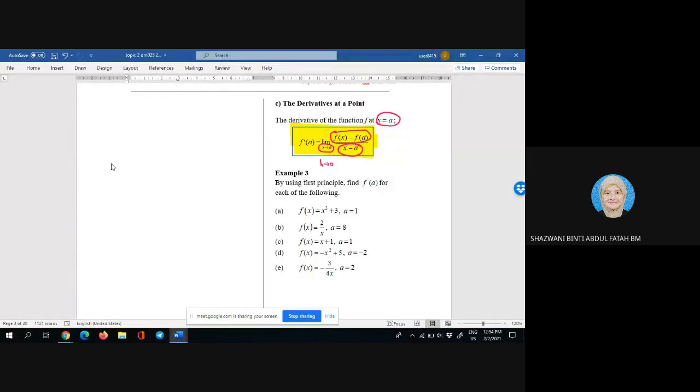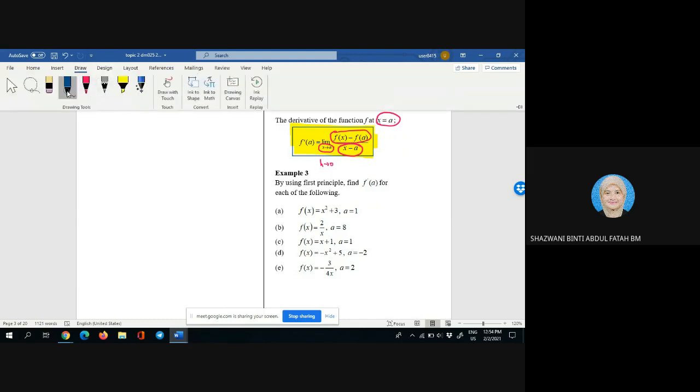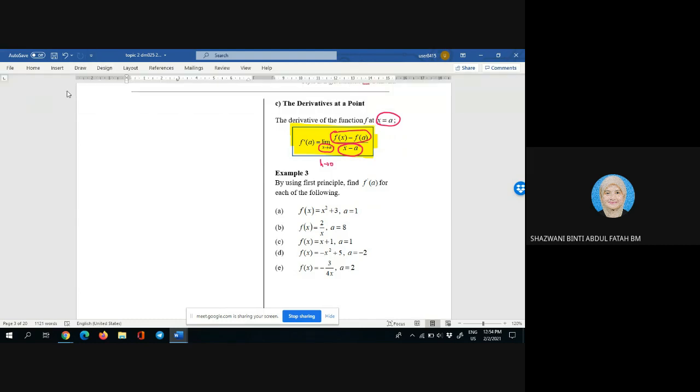Now let us look at how to find the derivative at a point by using the first principle. We look at Example 3. Let us read the question. By using first principle, find f prime of a for each of the following.